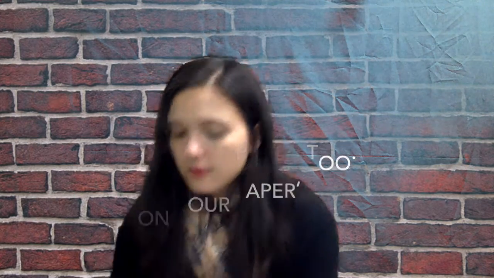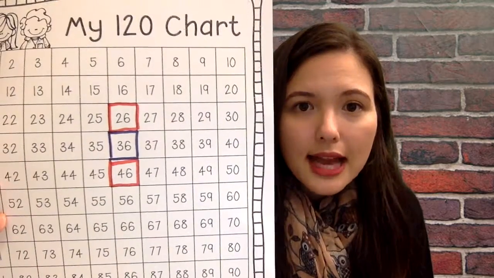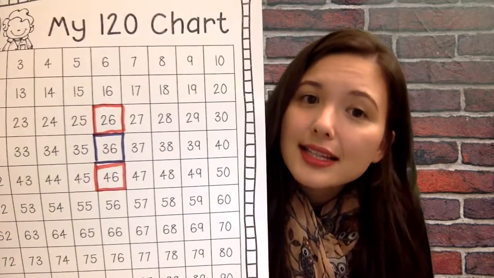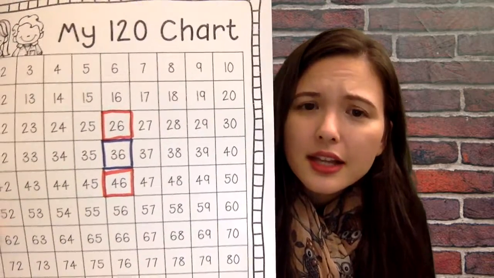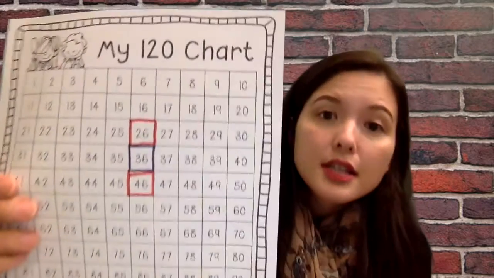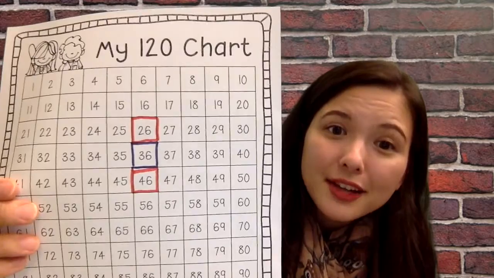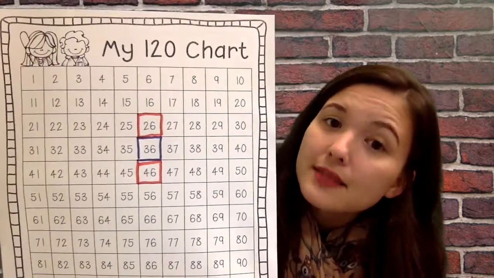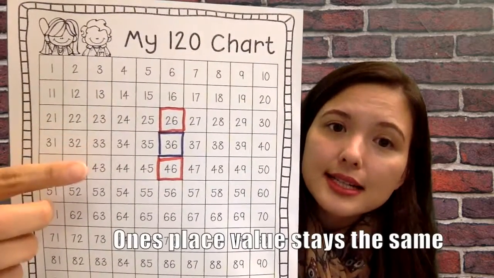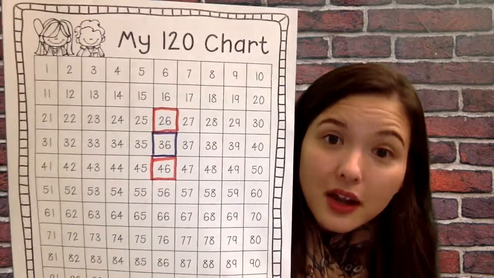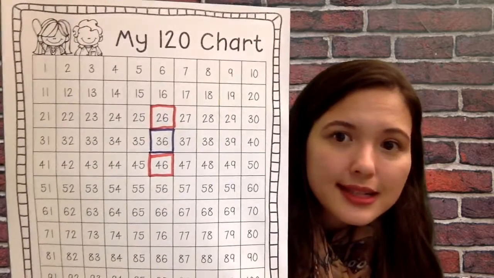Okay, so if you look at this right here, you'll see that 10 more than 36 is 46. 10 less than 36 is 26. Do you see a pattern with these three numbers? So if you look at this chart here, you might see a pattern. One pattern I noticed with the place value is that the ones place value stays the same. I have 6, 6, and 6. However, on the tens place value, it's different.